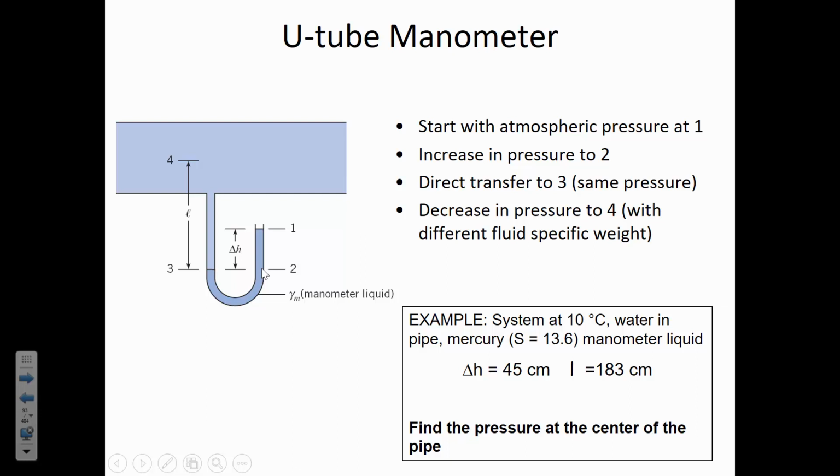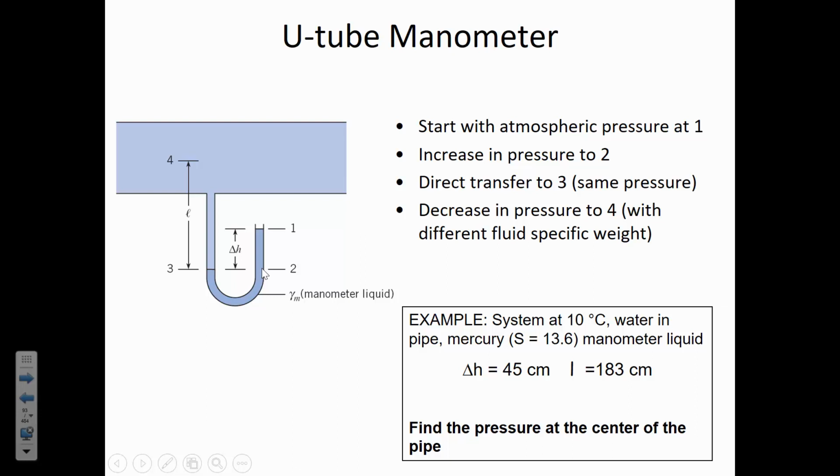And now the pressure at 4 is P3. Now is it going to be plus or minus the delta P? It will be minus, that's right. So minus the delta P between 3 and 4.